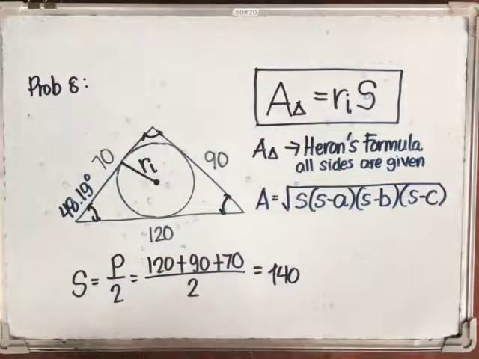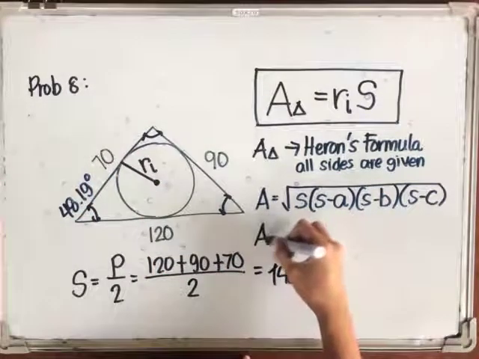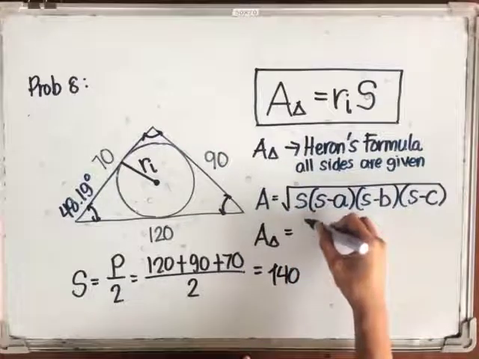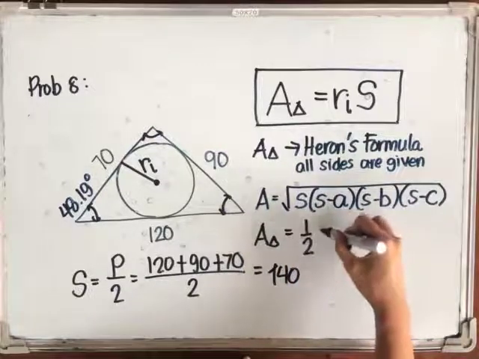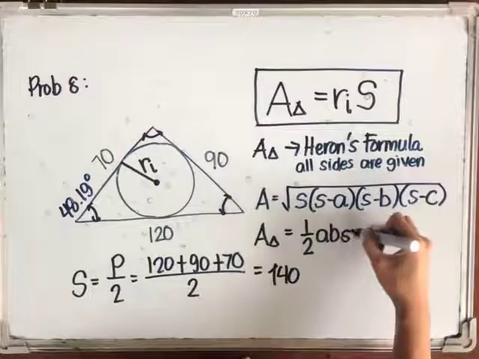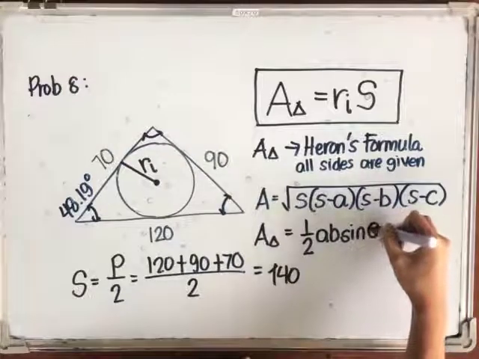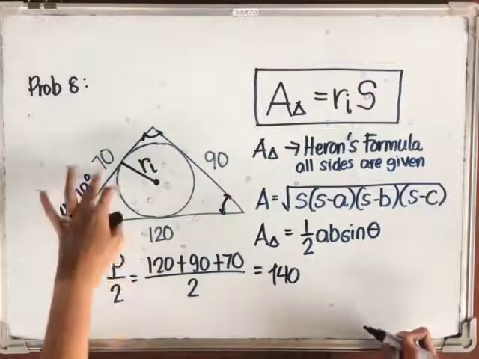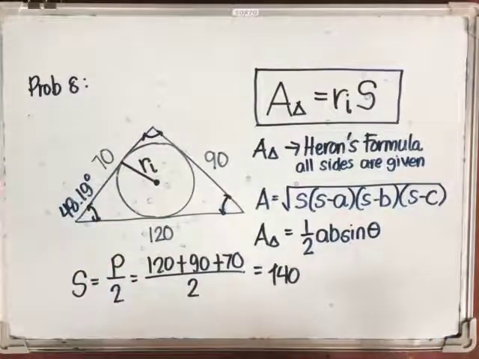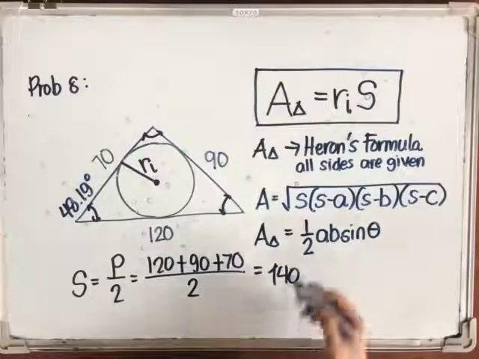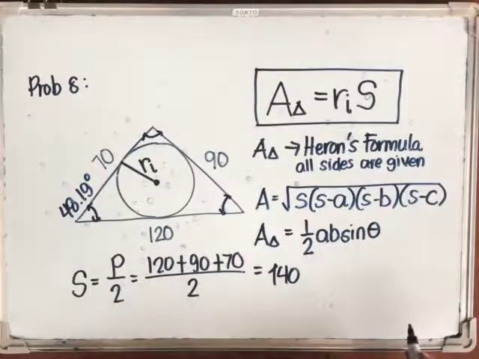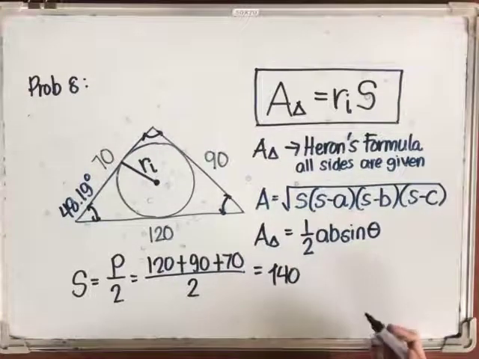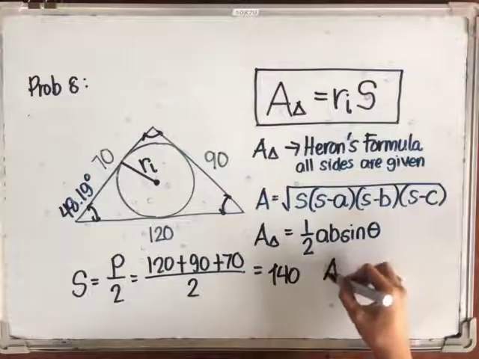O, pwede na yan. Pwede mo nang gamitin ngayon yung formula ng triangle, which is, ginamit natin earlier, 1/2 AB sine of angle theta. Okay? Dalawang sides and the included angle ang kailangan doon. Which I believe is a lot easier compared sa mag-Heron's formula ka pa. Especially kapag manual yung computation na gagawin mo. Okay, lagay ko dito sa gilid.